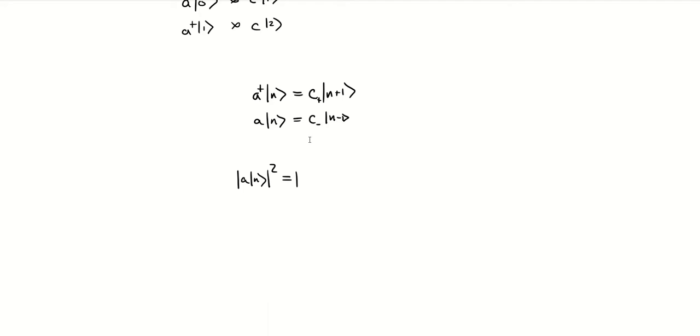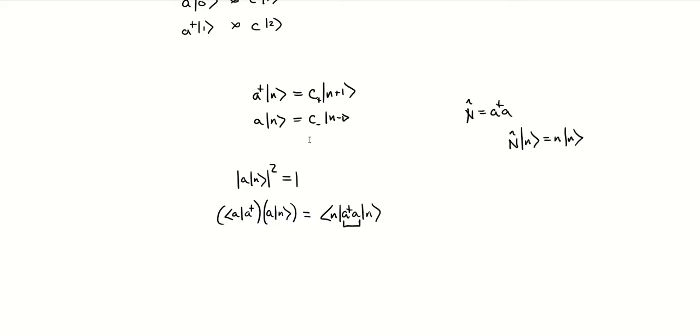That magnitude squared is the Hermitian conjugate of that vector, the bra, times the vector itself, which is equal to n a dagger a on n. But this operator, a dagger a, if you recall, we defined as a number operator, with the eigenvalue equation that gives us the n of whatever state we were in. So this ends up being equal to n.